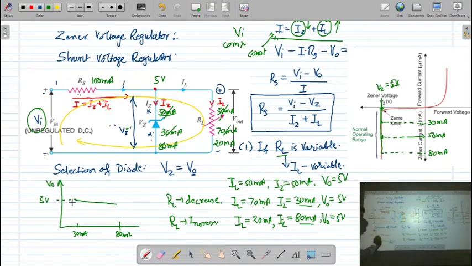With the variation from 30 to 80, the output voltage is constant. So in this way, if we change the RL, then in a certain region, remember, in a certain region, the output voltage is going to remain constant. So this is one of the regulations.